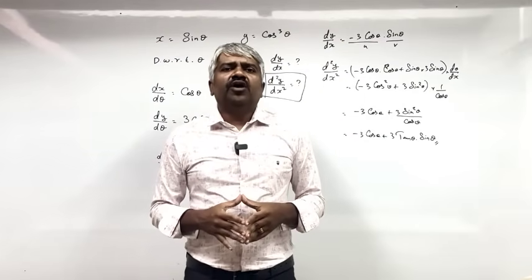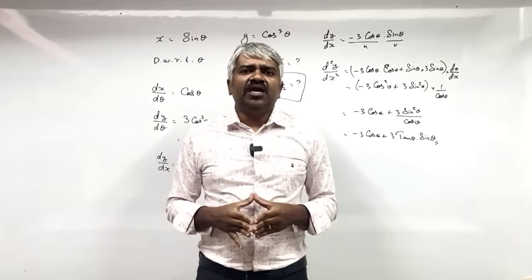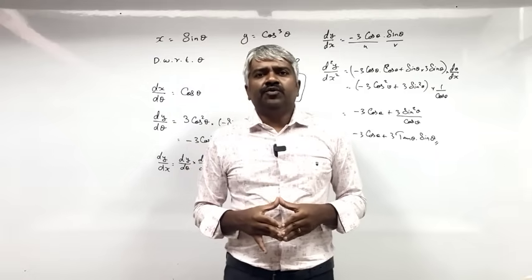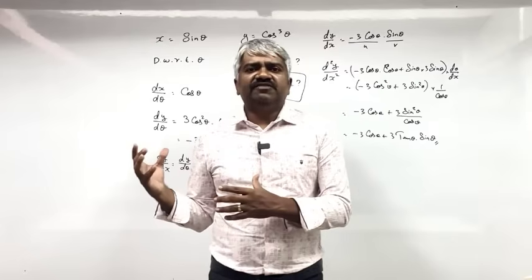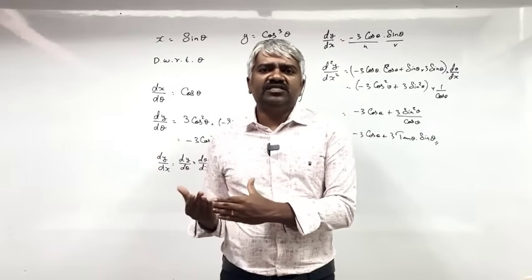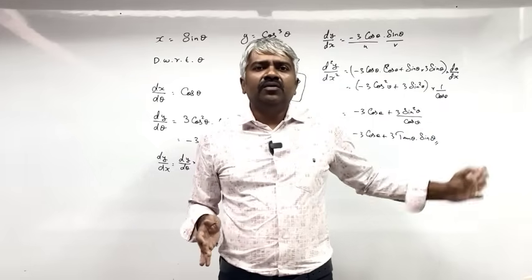I hope you have learned some basics from the concepts taught in this video. Now I have taught you how to differentiate with respect to x, y, z, theta, and the chain rule.